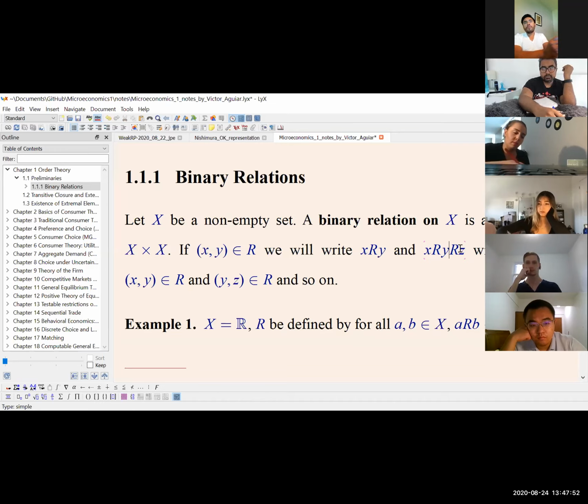This is called transitivity. If you have a relation that is transitive, the fact that X is in relation with Y and Y is in relation with Z implies that X is in relation with Z. So only for transitive relations will this be true. In general it's not the case. But for the models we're going to study, it's usually true because the relations are transitive, and I'm going to explain why we need that. Good question. Thank you.